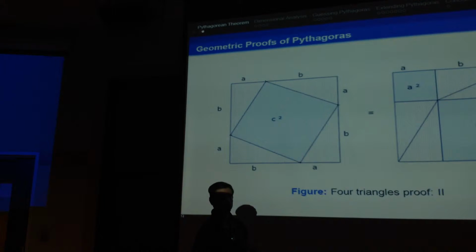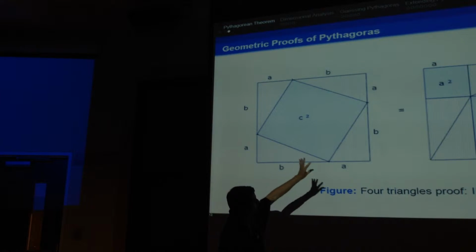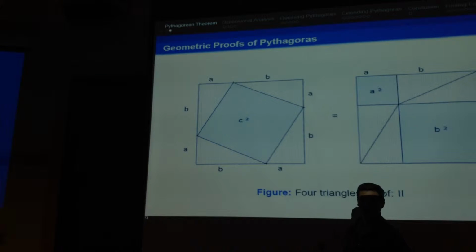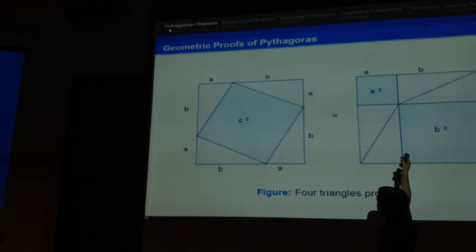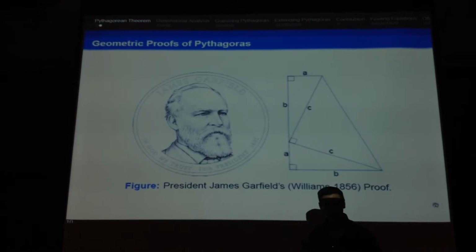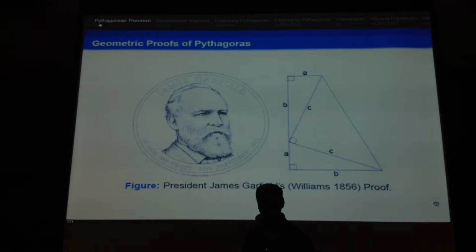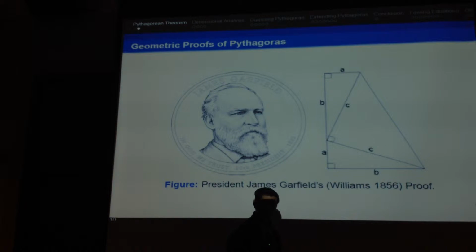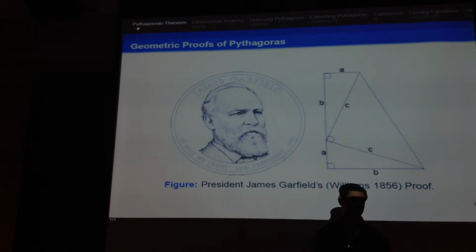Here's another way of doing the 4 triangle proof. And you can see now I'm just rotating how things are, and I'm putting the triangles in different ways. The 2 regions must match, and so since they must match, it's another proof that A squared plus B squared equals C squared. This is Williams. When you talk about Pythagoras at Williams, you have to mention James Garfield. Not only was he a US president, but he is also credited with a proof of the Pythagorean Theorem.